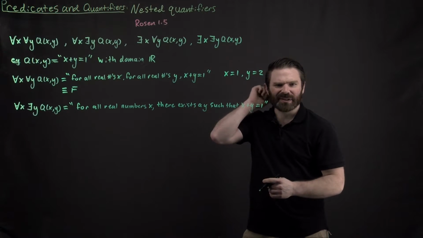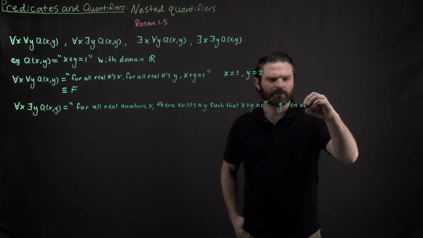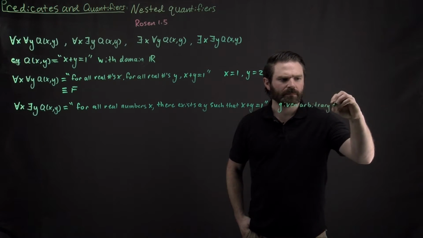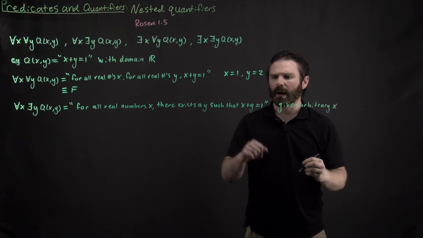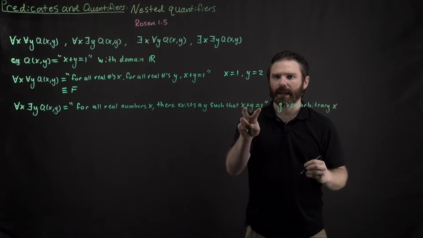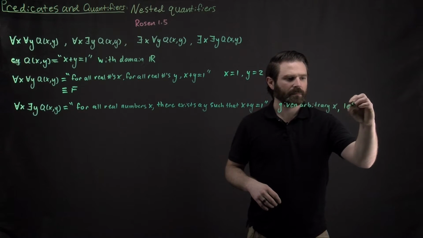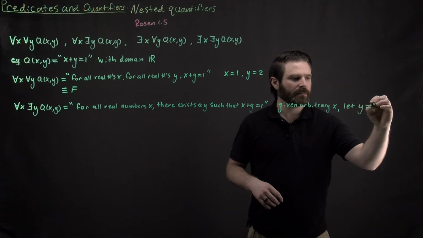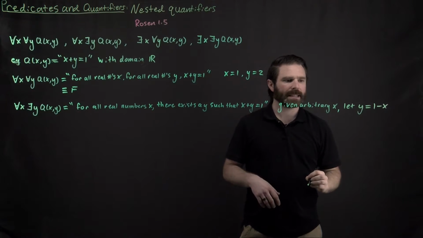Well, yeah, I could do this, right? So if you give me some arbitrary x right here, I can go ahead and find you a y such that x plus y equals 1. Indeed, let's let y equal 1 minus x.